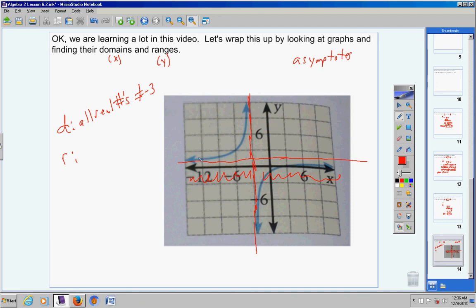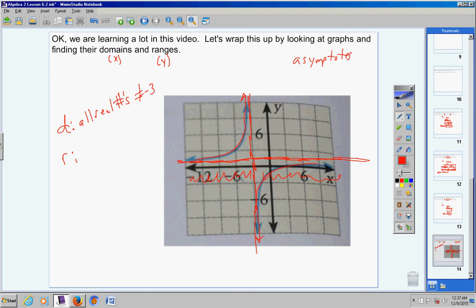Well, it looks like to me it's going to continue going up and up and up and up and up and up forever. And it looks like it's going to continue going down and down and down and down and down forever. So there's only one place where the graph does not exist. Going up and down, that's on this boundary right here. This boundary right here hinders the graph from crossing that boundary, going below it or above it or above it or below it or whatever.